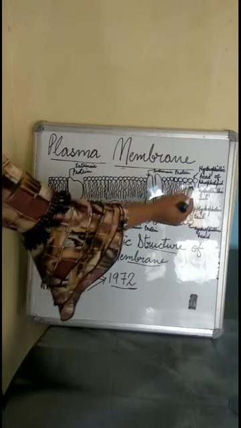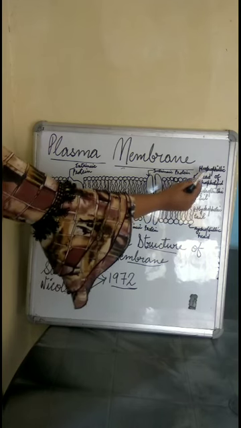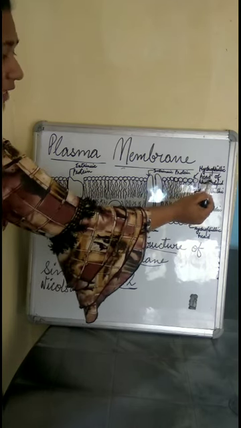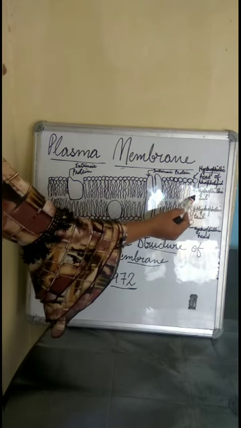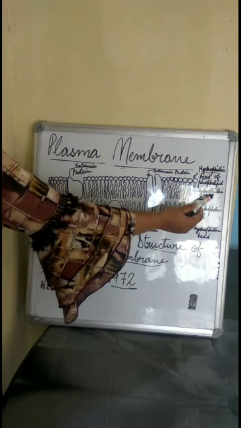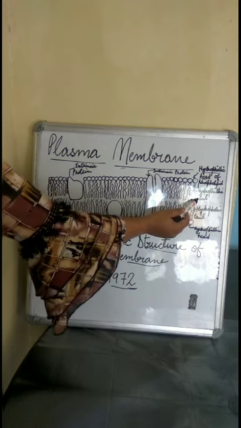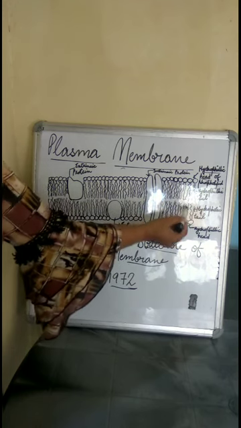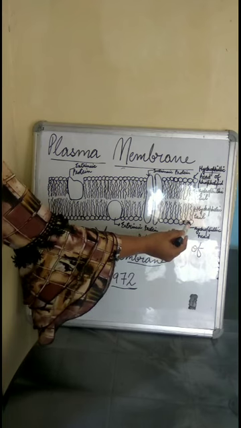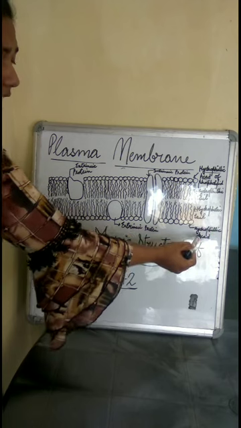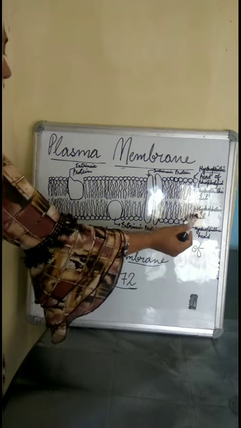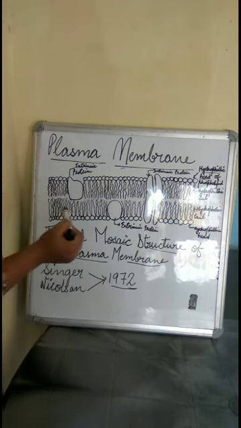The phospholipid molecule has a hydrophilic head, the water-loving side, and a hydrophobic tail, the water-fearing or water-repelling tail. Similarly, the second layer of phospholipid also has the hydrophilic head and hydrophobic tail.